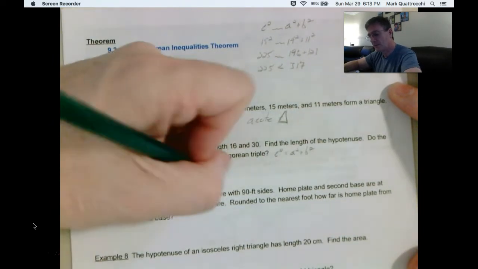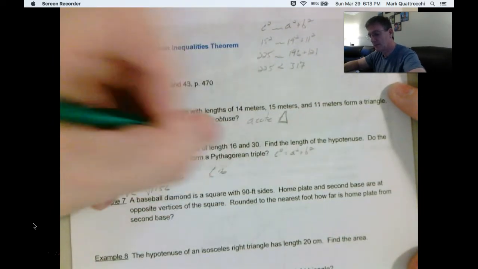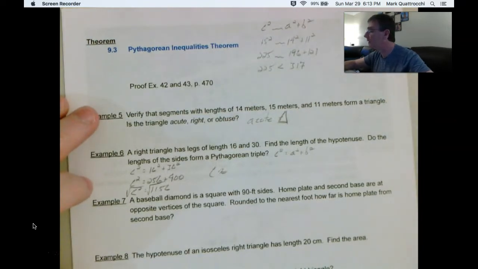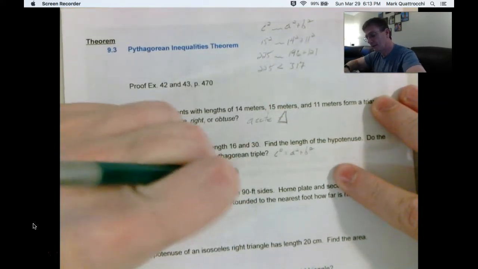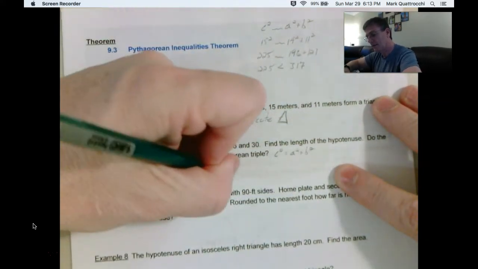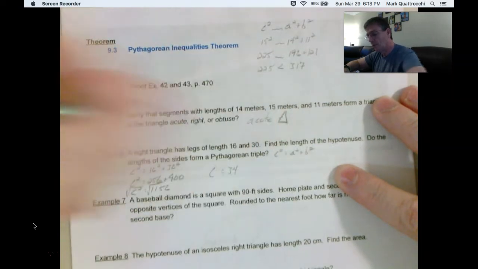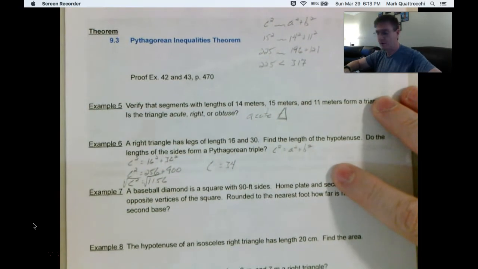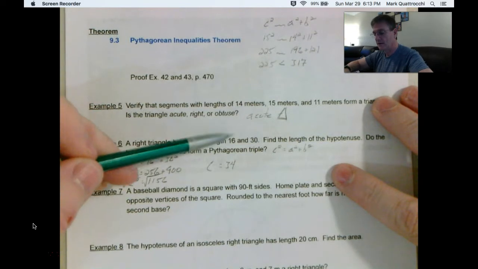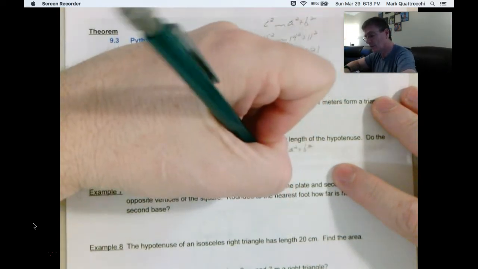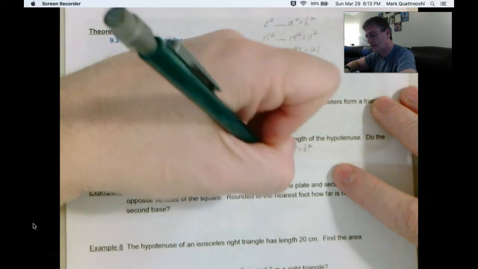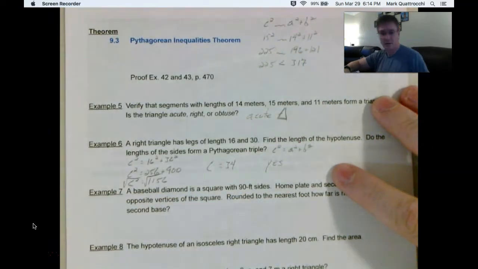Square root both sides. C is exactly equal to 34, which means we have 16, 30, 34, which is a Pythagorean triple. Yes, they do make a Pythagorean triple.